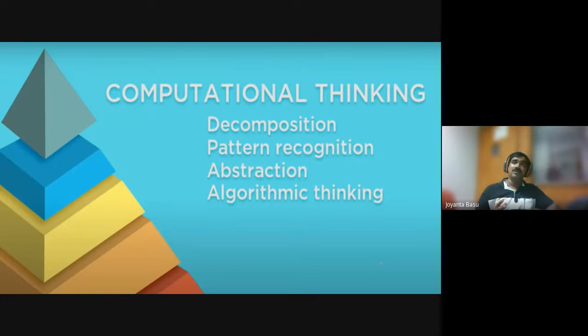We are not far behind, but we are behind obviously, and we are in transition to learn computational thinking and introduce it through our New Education Policy 2020, so that we can train our students and give them input so that they can start thinking from an early stage of life.